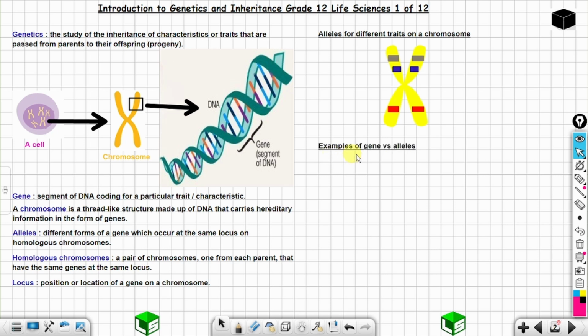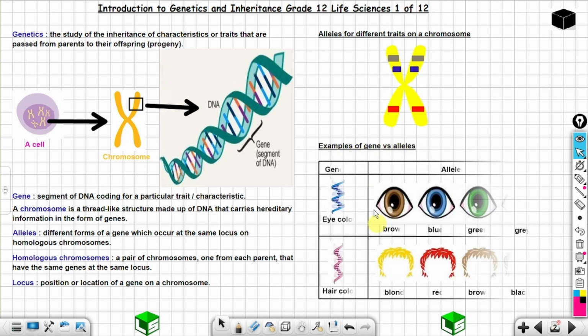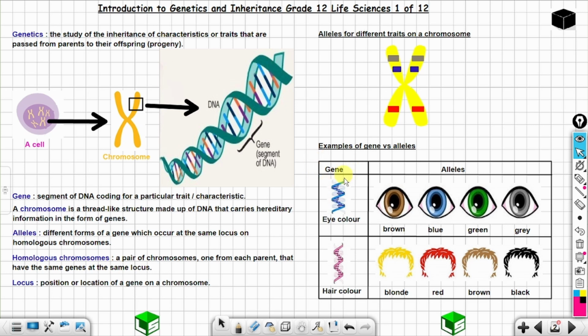Let's see examples of a gene versus alleles. An example of a gene can be eye color, and you have a variation. The variations of a gene are known as alleles. The gene is known as eye color.